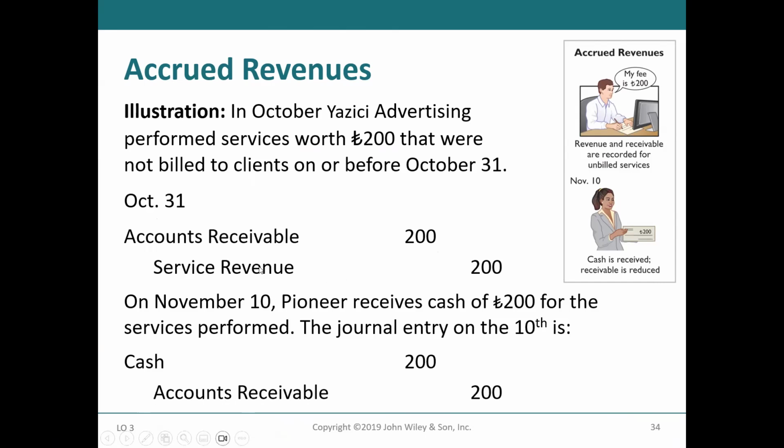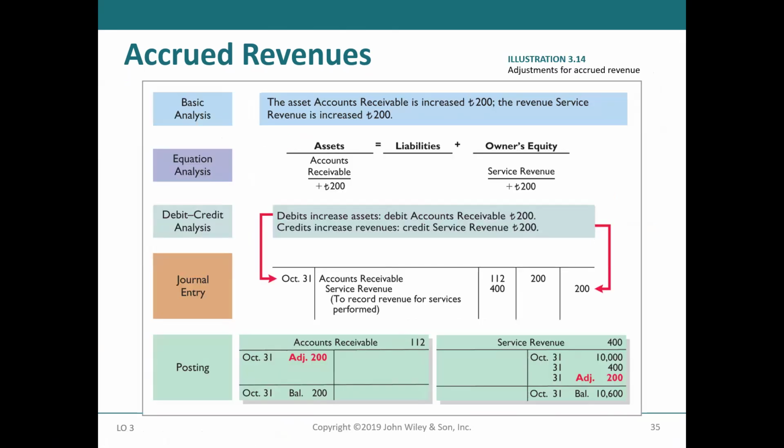This is related to the journal entry on October 31. So the adjusting entry is debit accounts receivable 200, credit service revenue 200. Then we post them to the ledger.